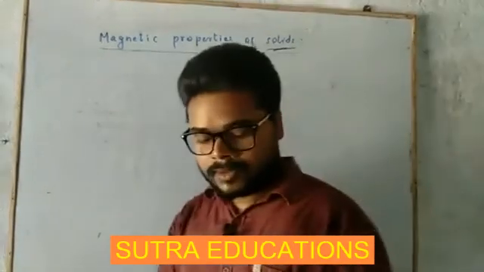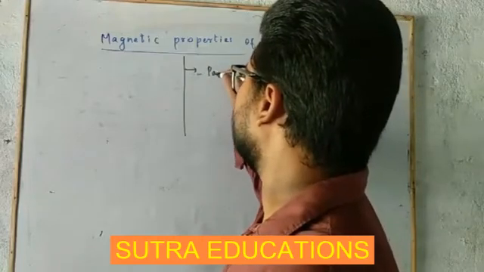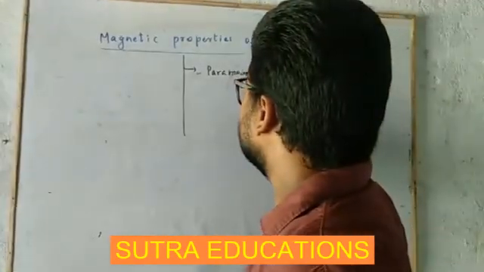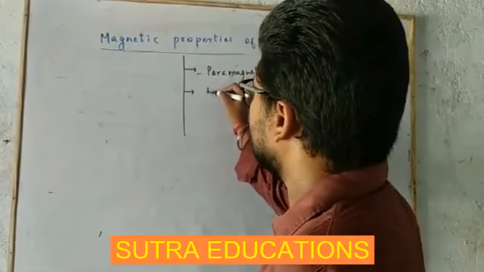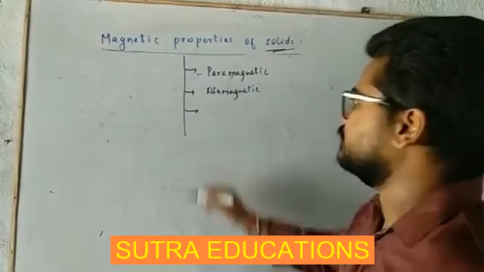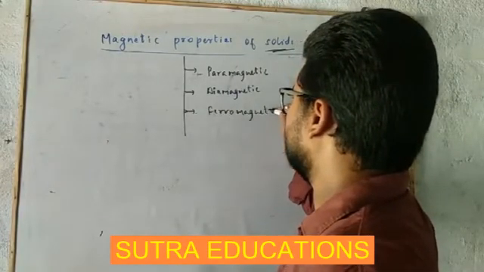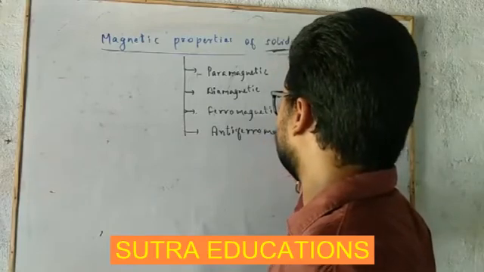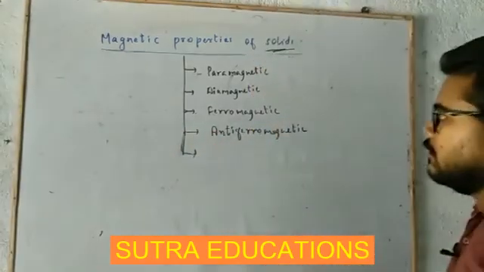So these are paramagnetic, then diamagnetic, then ferromagnetic, then antiferromagnetic, and ferrimagnetic.